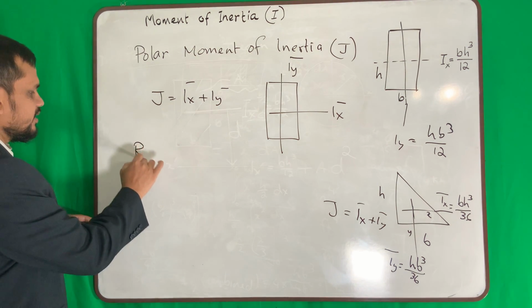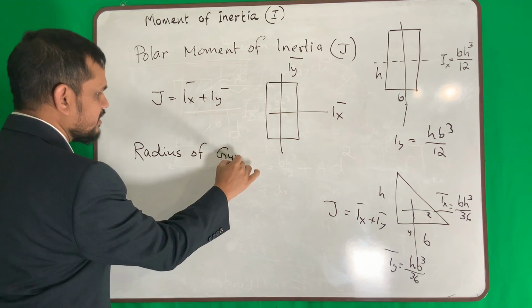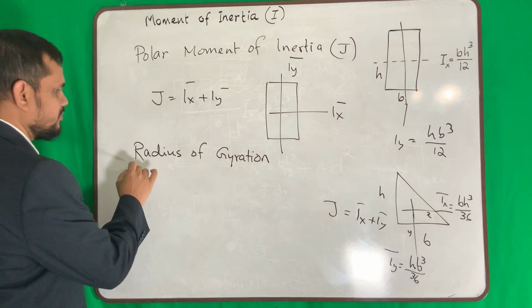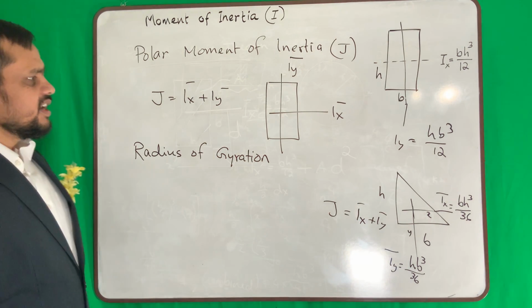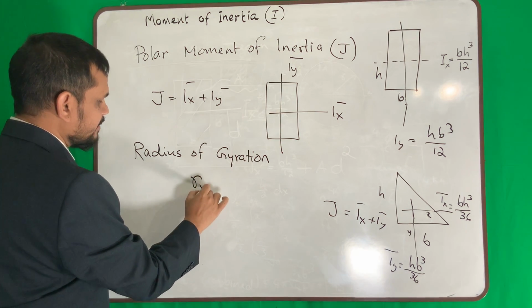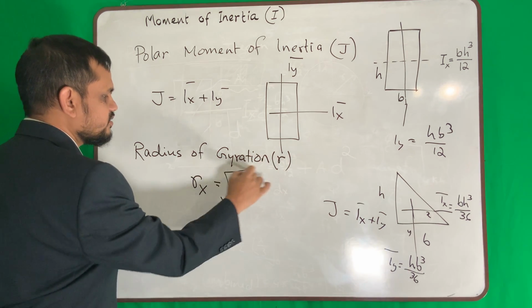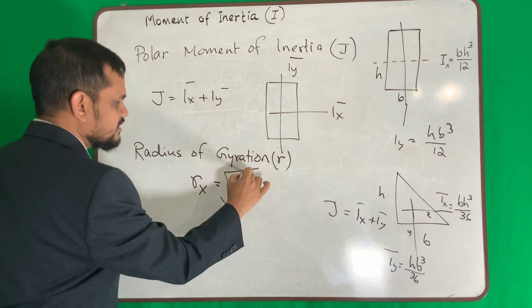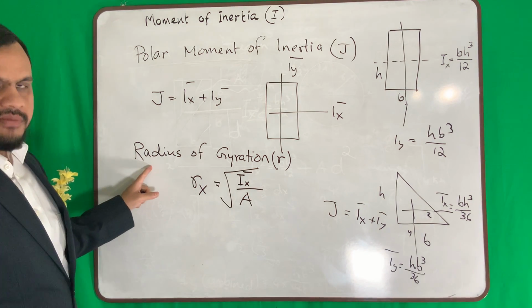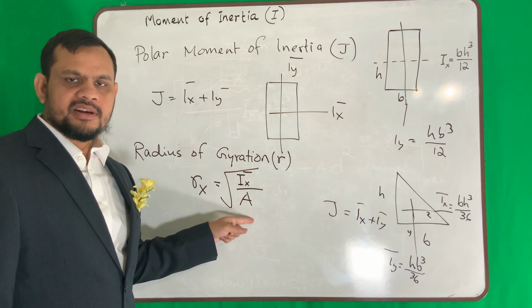The other term we need is radius of gyration. Say the radius of gyration about the x-axis is r. It is the square root of Ix bar divided by area. So the radius of gyration about the x-axis is the square root of the moment of inertia about the x-axis divided by area.